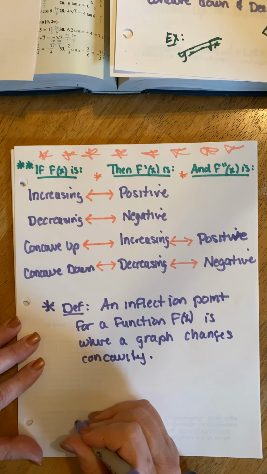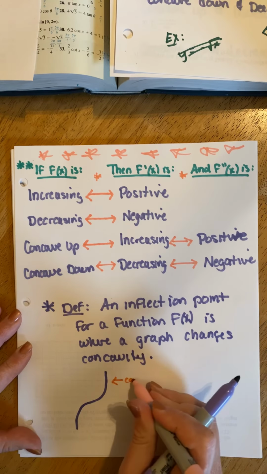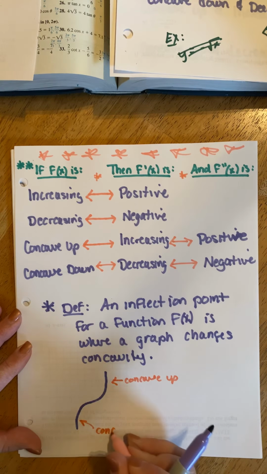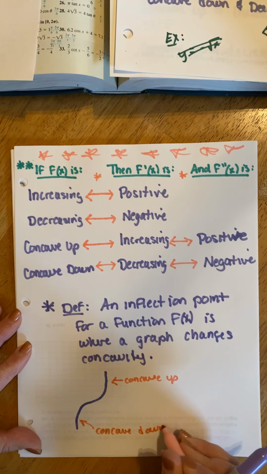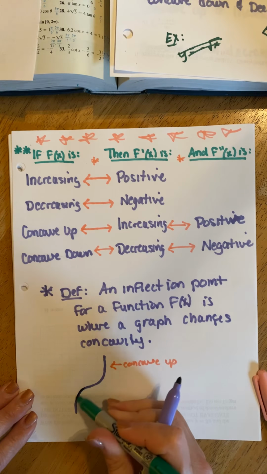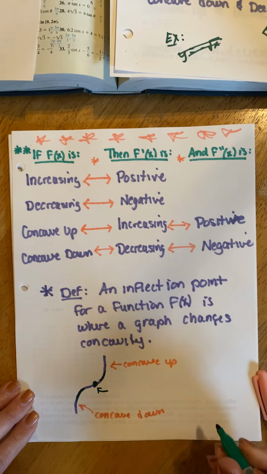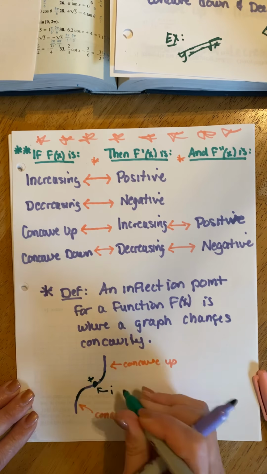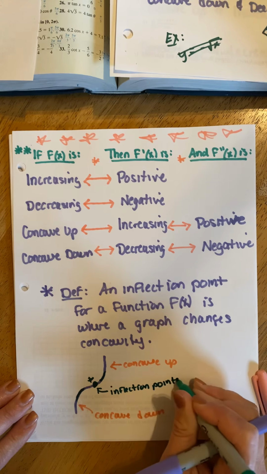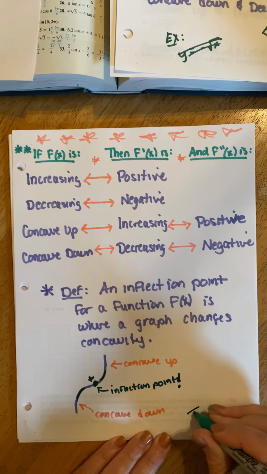So if we have something like the cubic function, this is concave up here, concave down here. If we're walking along this curve, we can see it's arched down here, and up here it's arched up. So somewhere in here, it's going to change from arched down to arched up. This is what we're looking for, this point right here, inflection, or inflection point.